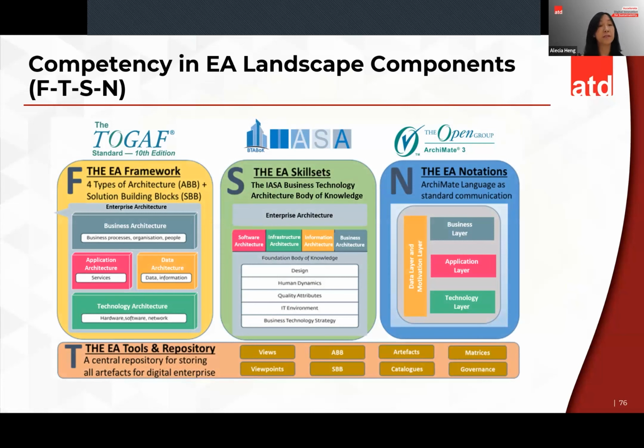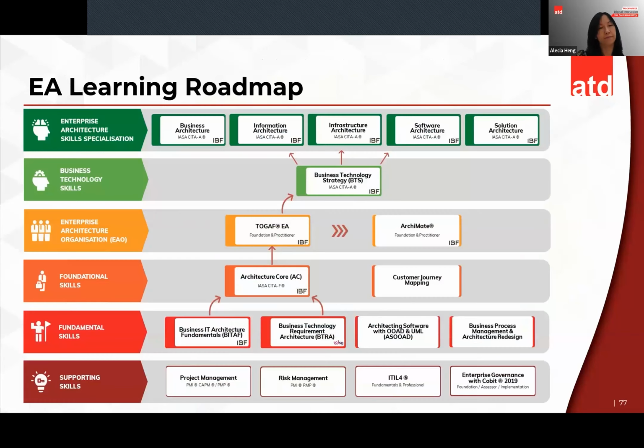One of the areas you need to look at is the framework, and one of the popular frameworks in the market, which I think a lot of you are familiar with, is TOGAF itself, right? So you need to learn about the framework, the skill set, the notation, which is the languages, and also the tool and repository, if you want to be a well-rounded architect.